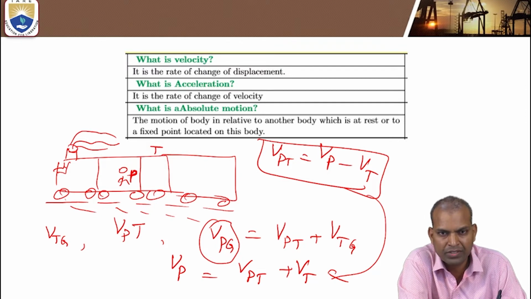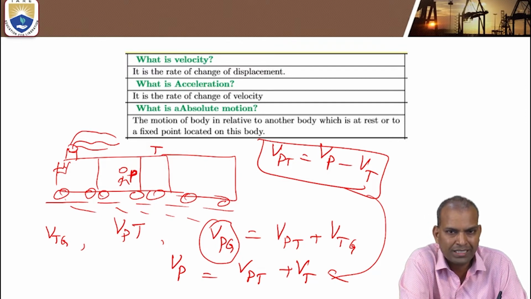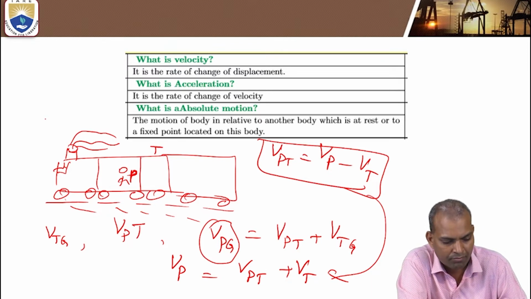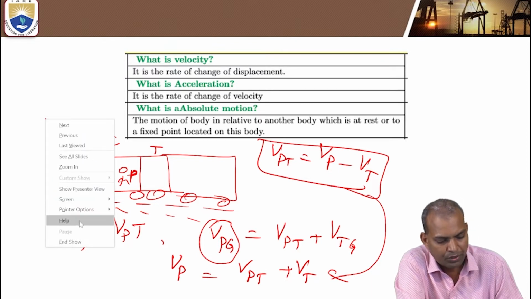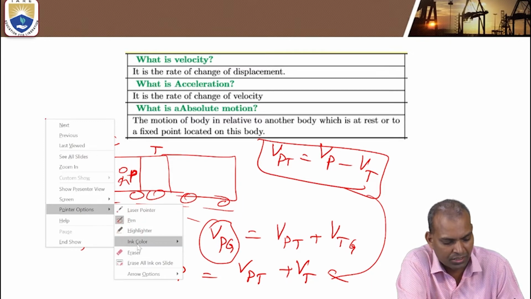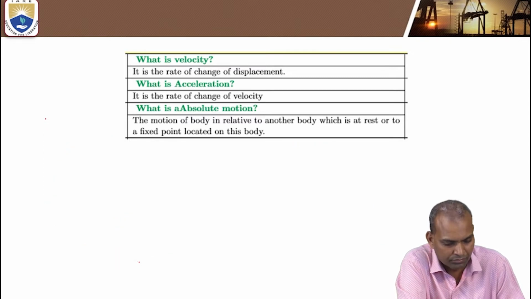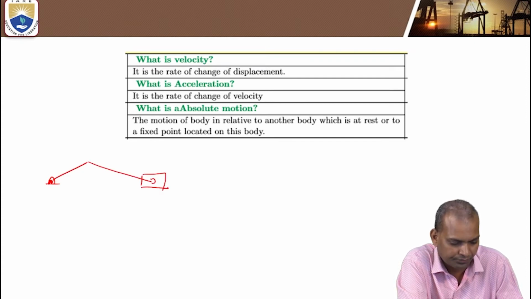From the vector equations, we can know the directions of each point on the link, such that we can calculate the velocities and accelerations of various links of a mechanism. Suppose a slider crank mechanism is there; this is a slider crank mechanism.